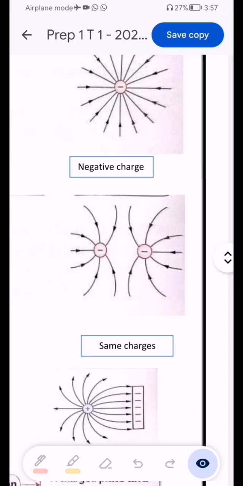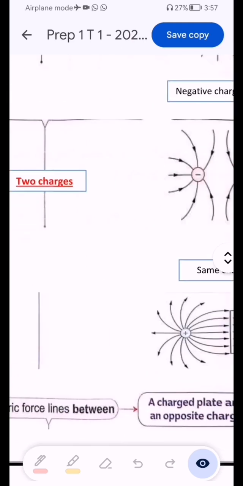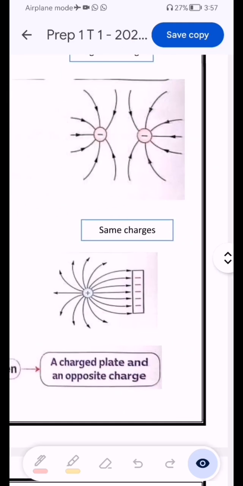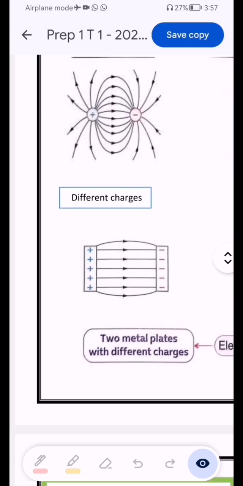Okay, and if you have a charge and a plate like this, a positive charge and a negative plate, the electric field will start from the positive charge and end in the negative plate. And if we have two plates, one of them positive and the other negative, the electric field lines will start from positive to negative.